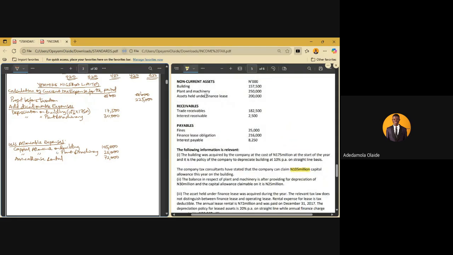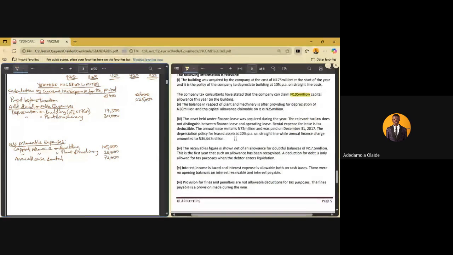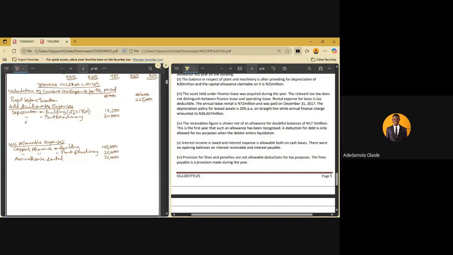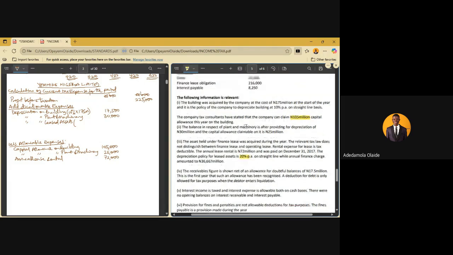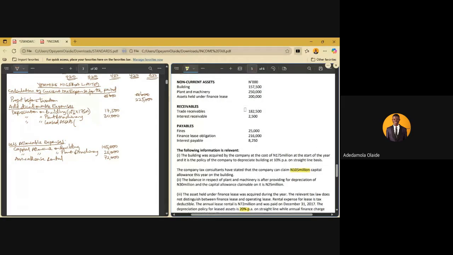If that is allowable, the depreciation on the lease, because they were recognizing the lease as an asset, see, assets held under finance lease will be disallowable. So we'll say depreciation on leased assets. However, they did not give us the amount of the depreciation, but they told us the depreciation is on 20% per annum straight line. And since the lease was acquired during the year, we'll now say what?